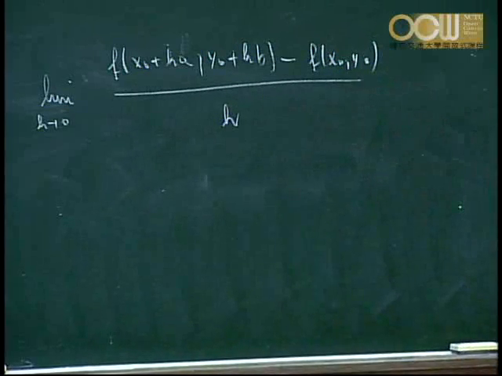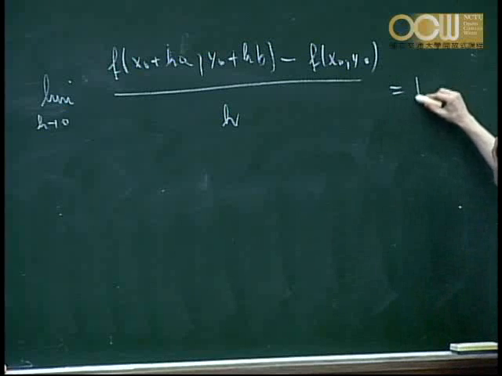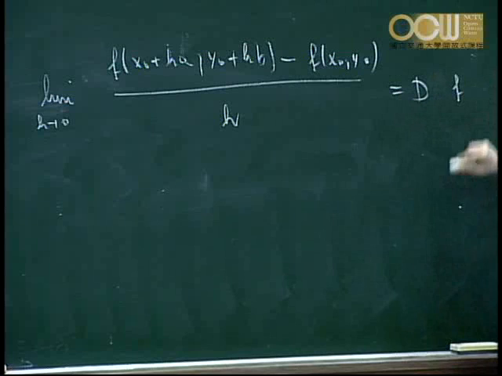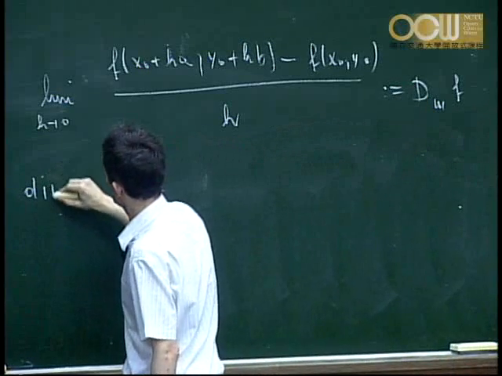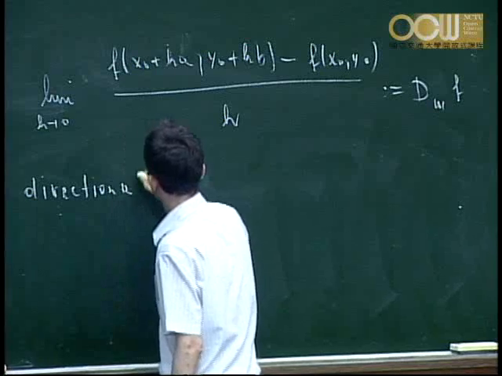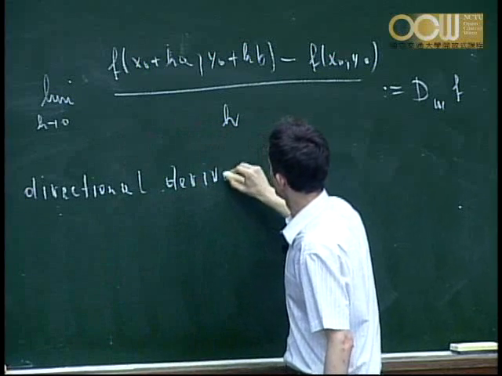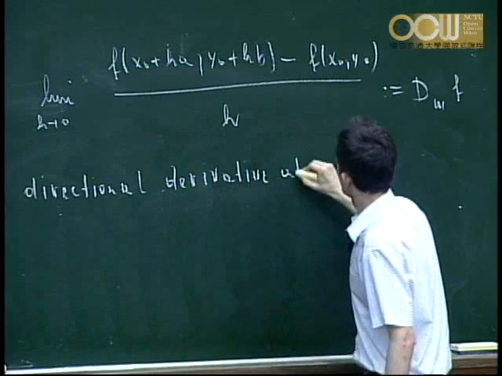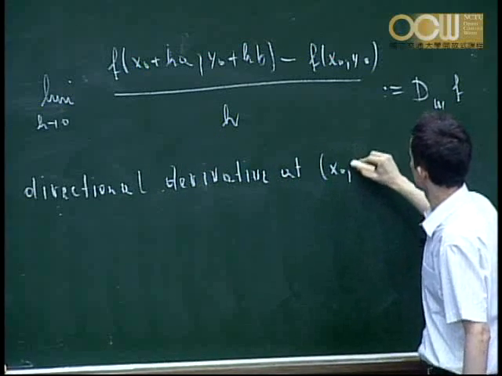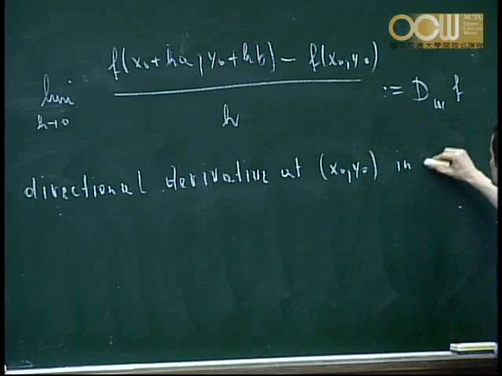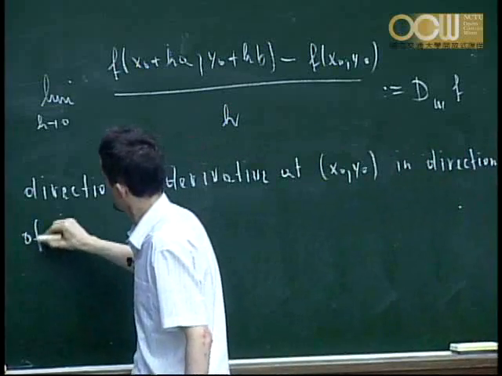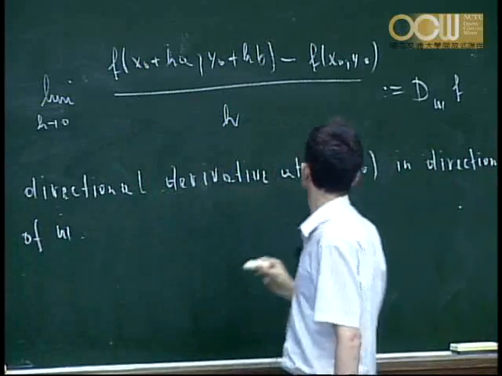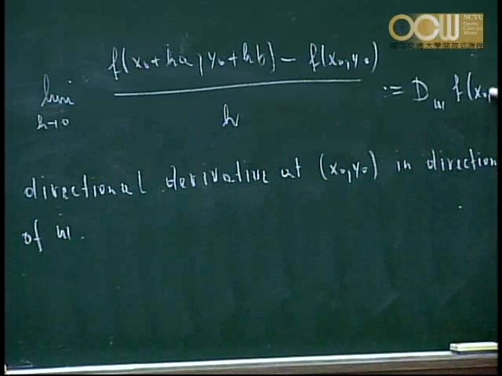And this is called the directional derivative of our function f at the point x0, y0 in direction of u. Okay, so maybe I can add here x0, y0.